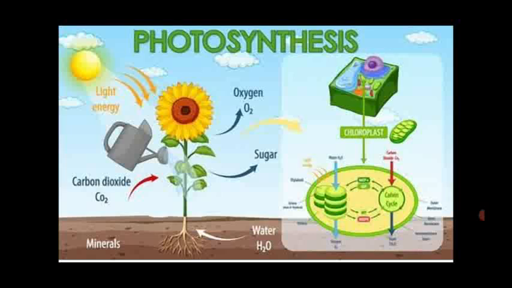The green colored parts such as stem and leaf have the plastid called chloroplast, and they have the chlorophyll pigment. They prepare sugar or glucose or carbohydrate, and they release oxygen into the atmosphere. Water is taken from the soil with the help of the root region.